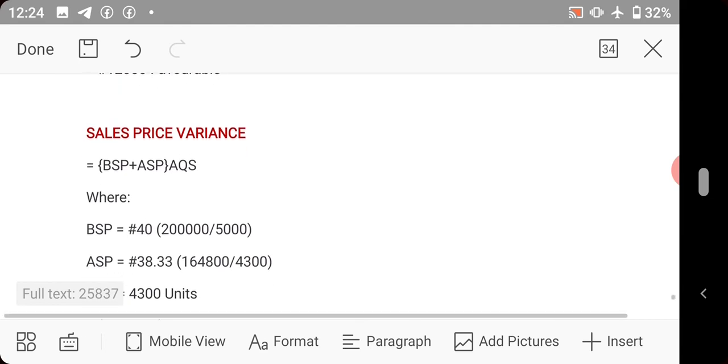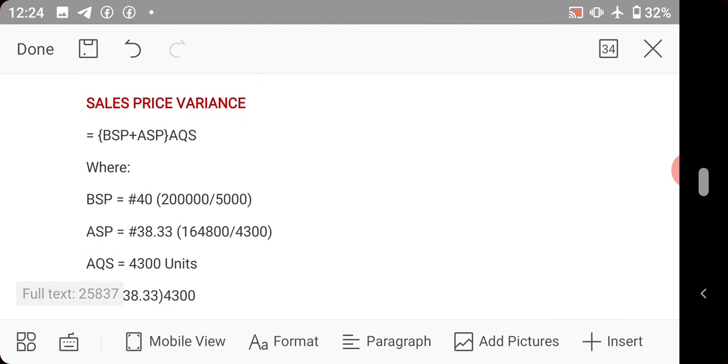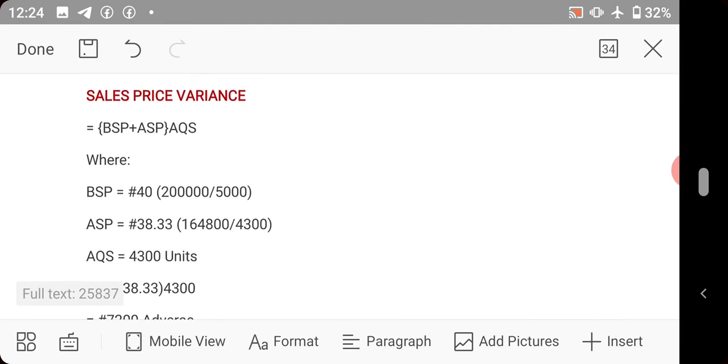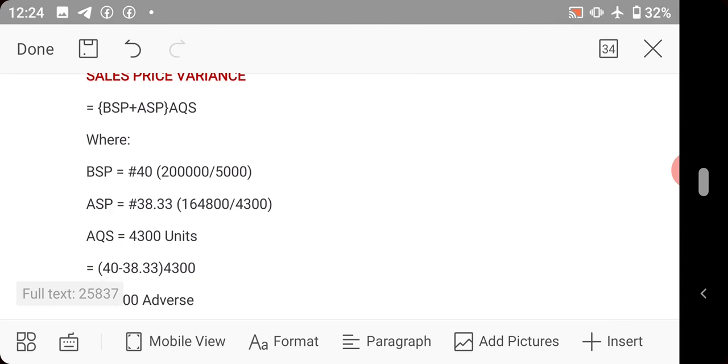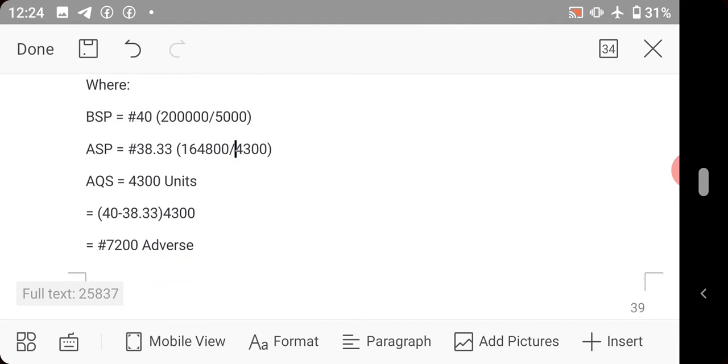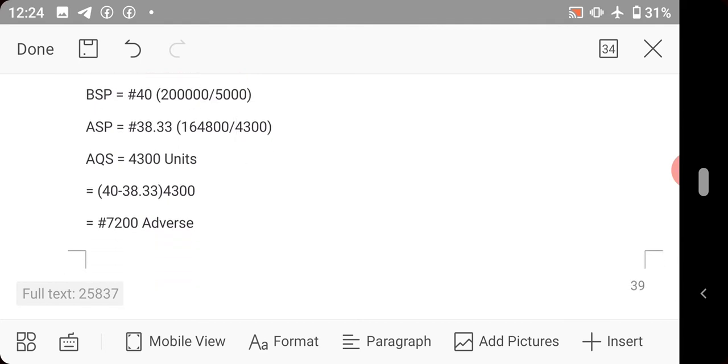Then we'll now move to sales variance, which is the easiest to compute. So we now look at price variance. Price variance will be actual price minus budgeted price times actual quantity sold. So now substitute, the budgeted price is 40, while the actual price is 38.3, which I showed how both were gotten. So you now substitute, you have 7 adverse.